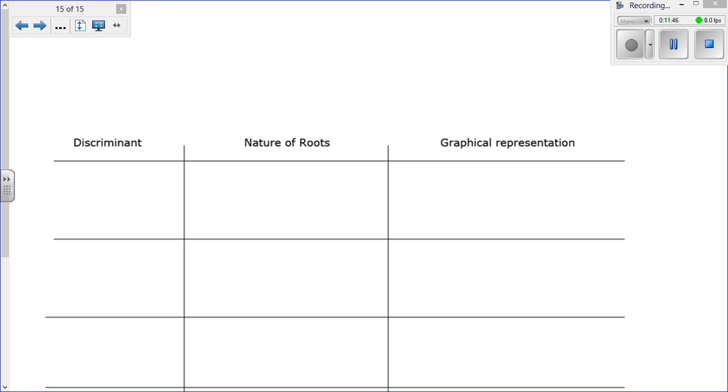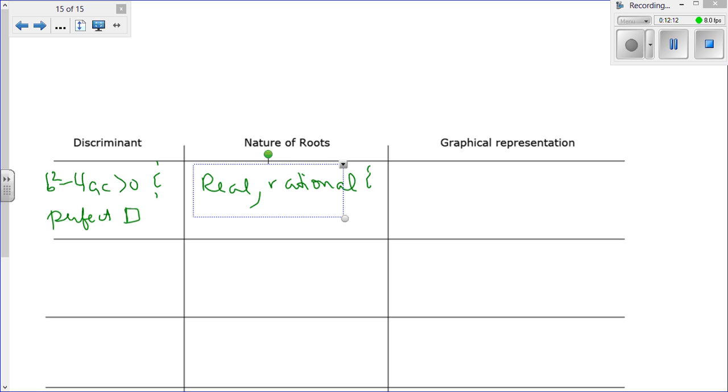So the discriminant is b squared minus 4ac is greater than 0 and a perfect square. If that is the case, my roots are real, rational, and unequal.